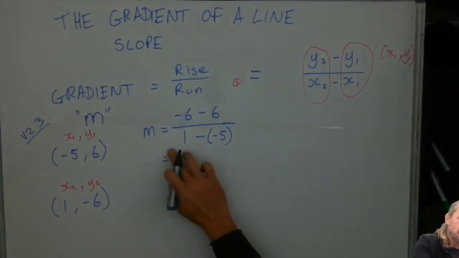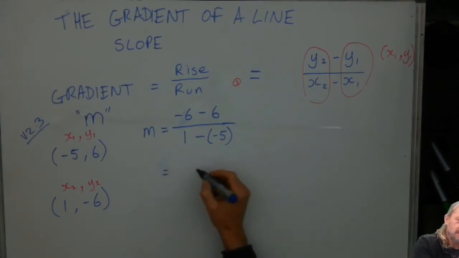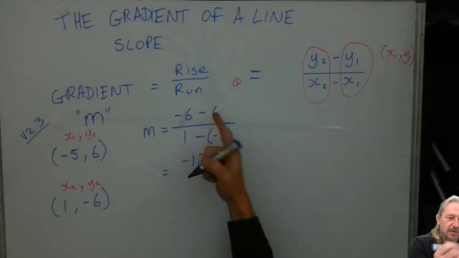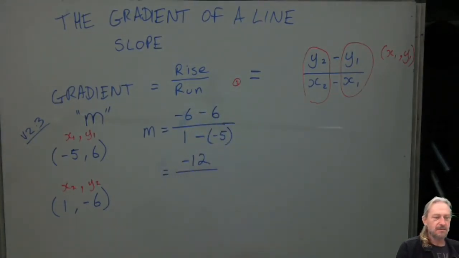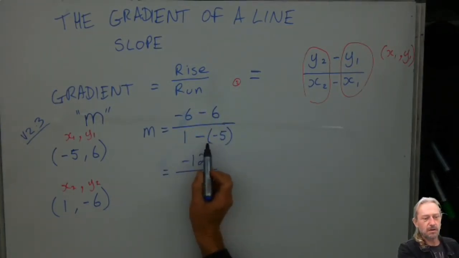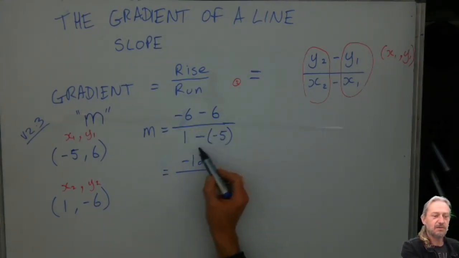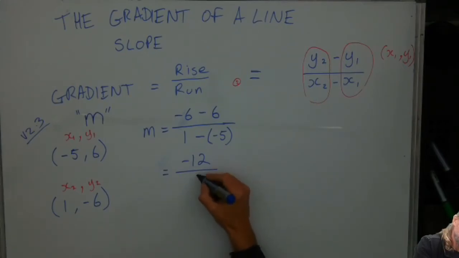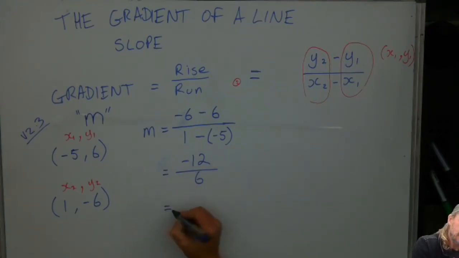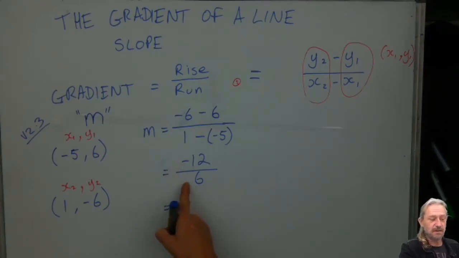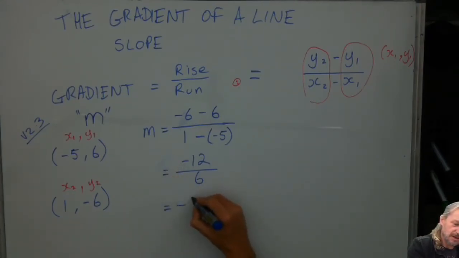So on the top, we've got negative 12, negative 6, take away another 6, divided by 1, take away a negative is the same as saying plus. 1 plus 5 is 6. So 12 divided by 6 is 2, but we've got a negative and a positive, so it's going to be negative 2.